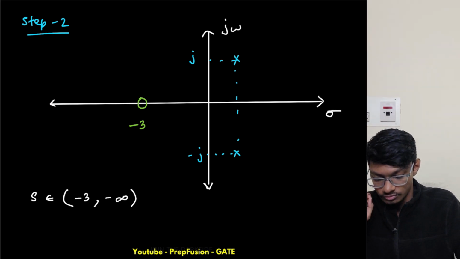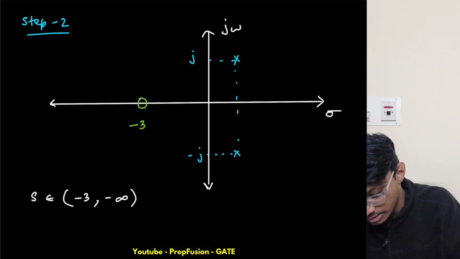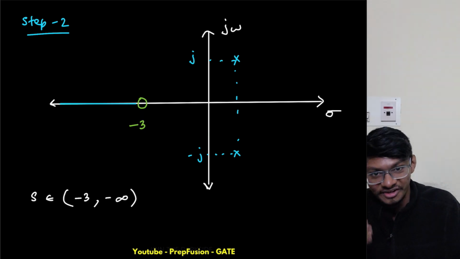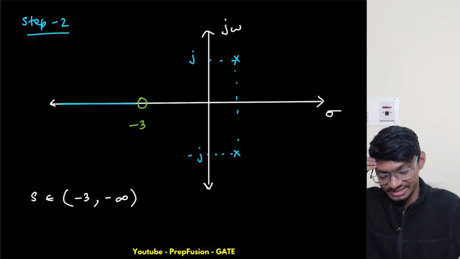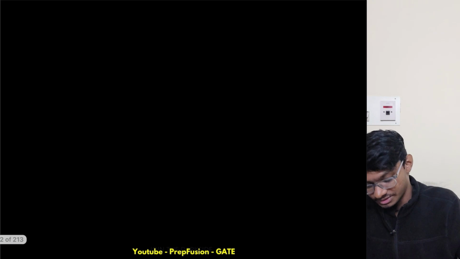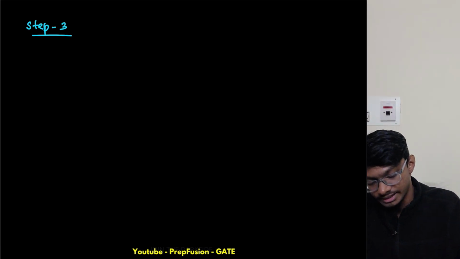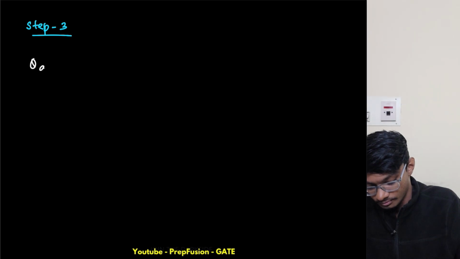Now here, I know there will be one asymptote, right? That we will do in the next step itself, finding the angle of the asymptote. We already know it is 180, because we have basically memorized that one. So step 3 is the asymptote, theta asymptote.